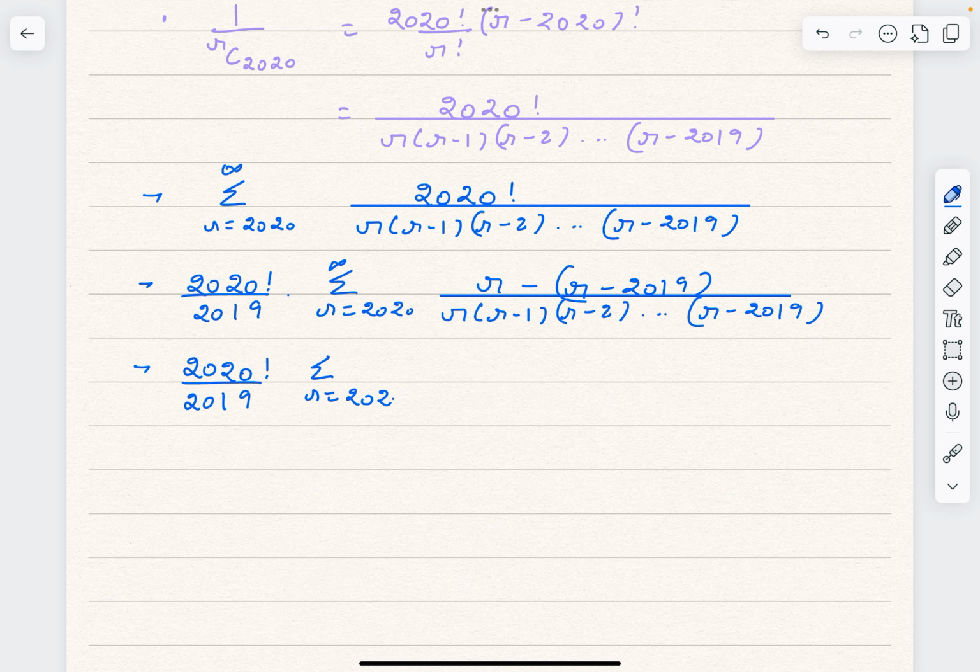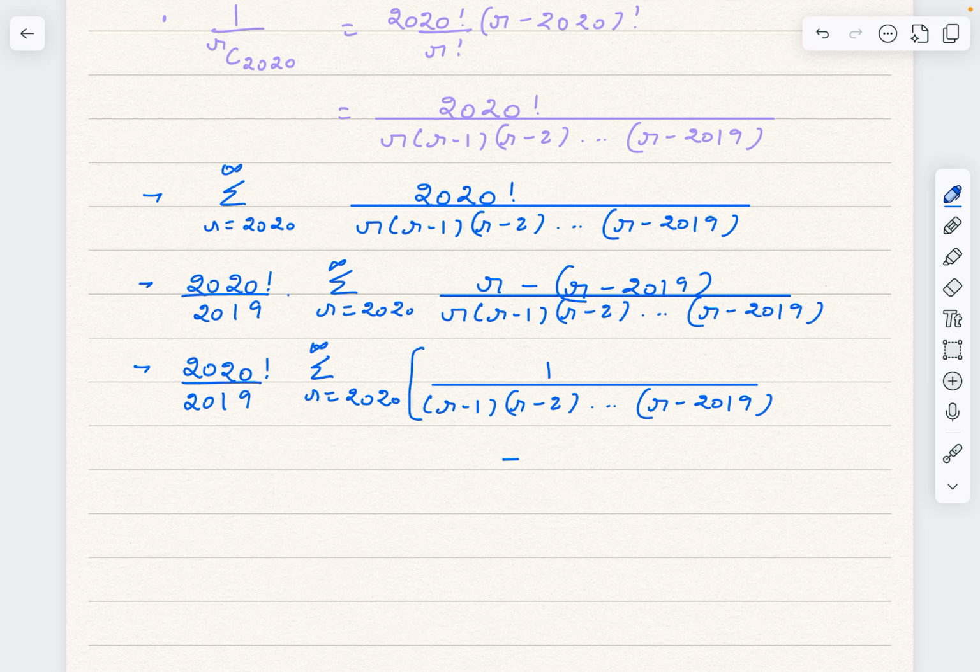Summation r from 2020 to infinity. When you split them, you get 1 by r minus 1, right, directly here. One time you get all the terms here, 1 by this thing.